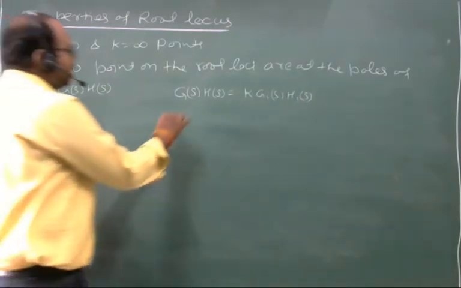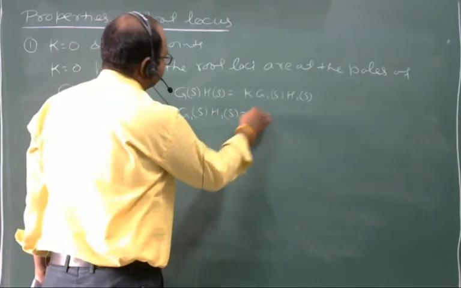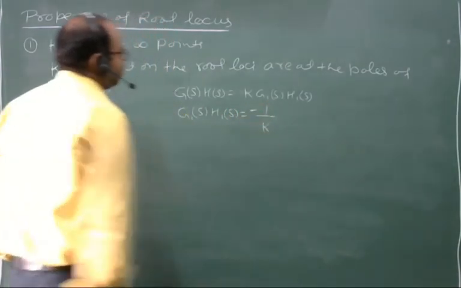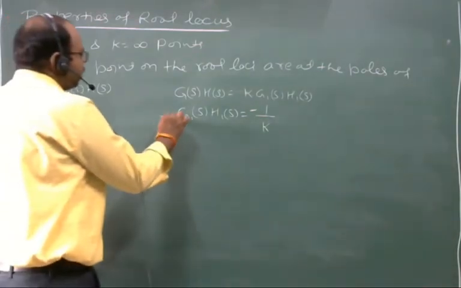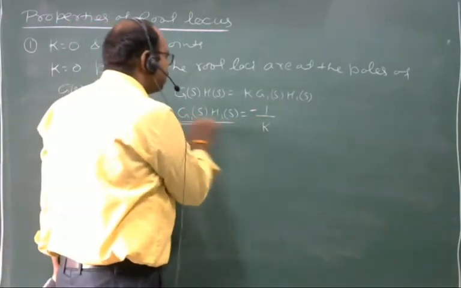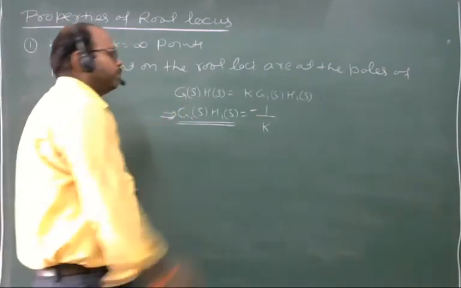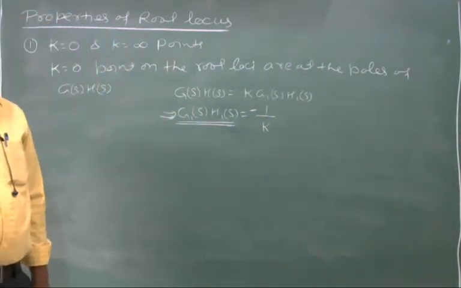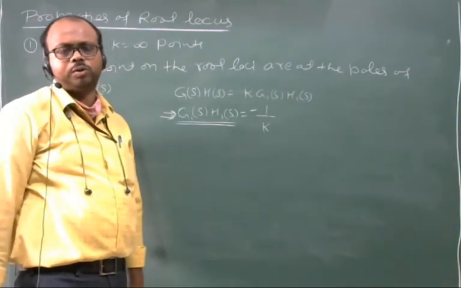or we can say that G1(s)H1(s) is equal to 1 by minus 1 by K. As K is equal to 0, G1(s)H1(s) tends to infinity, and G1(s)H1(s) will be infinity at its poles.